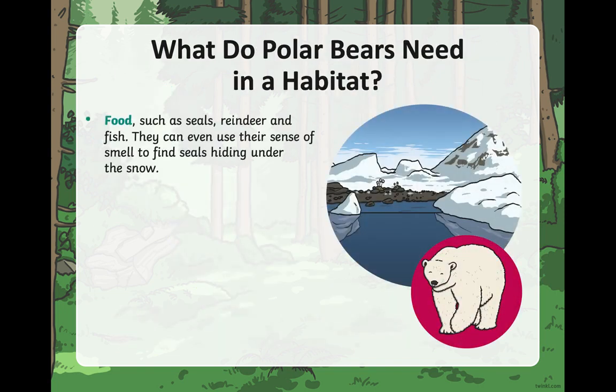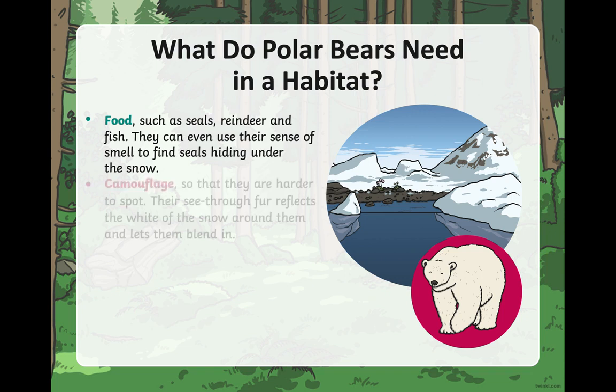Now the polar bear, the food that they eat is seals and reindeer and fish, right? They can even use their sense of smell to find seals hiding under the snow. So they have a very high sense of smell, and they can basically catch fish if they want to with their claws, right?